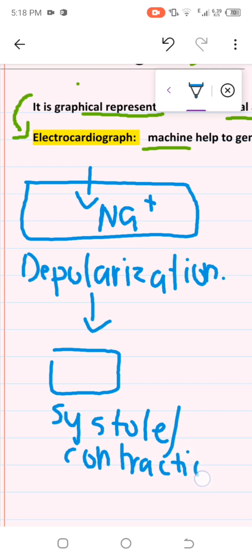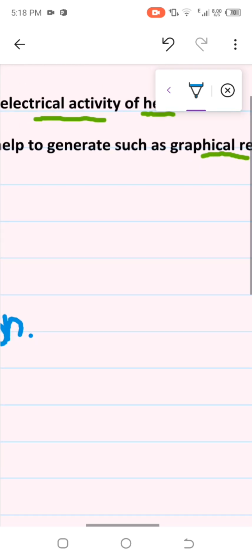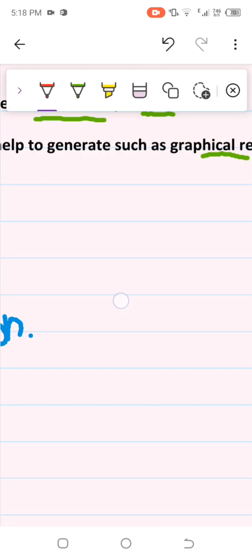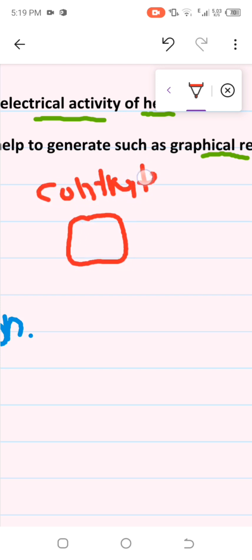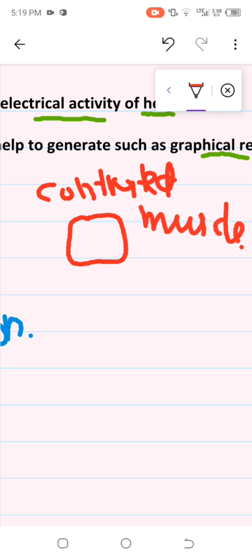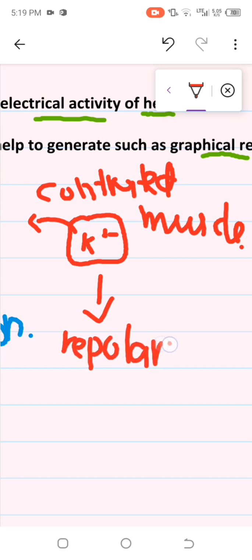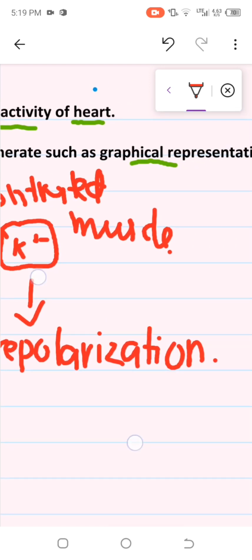And another thing, if I have this contracted muscle, when I remove the calcium ions from this muscle, repolarization will occur.